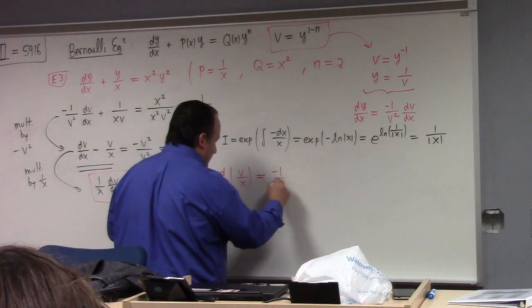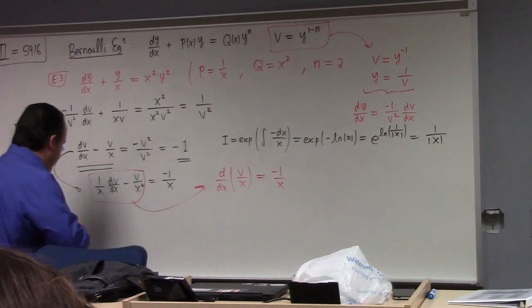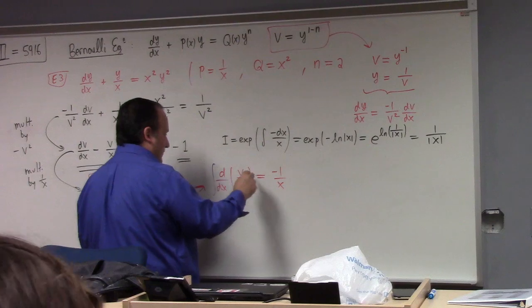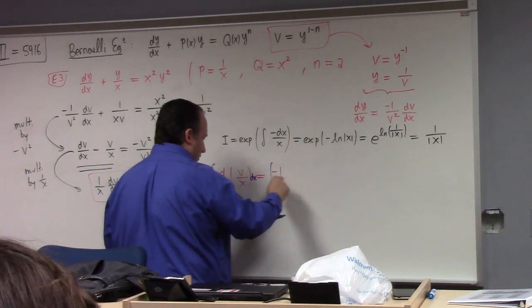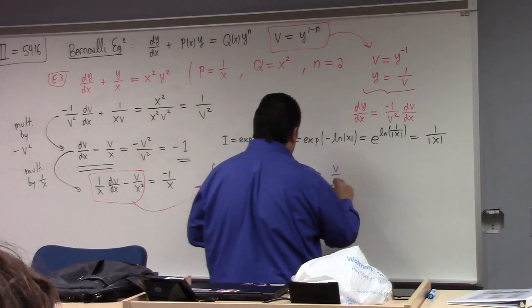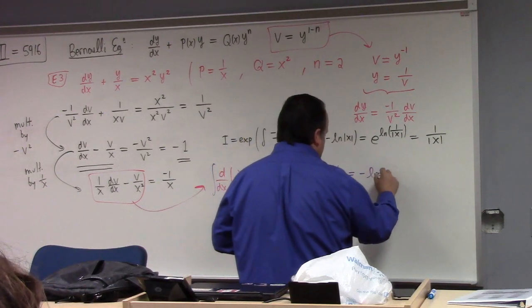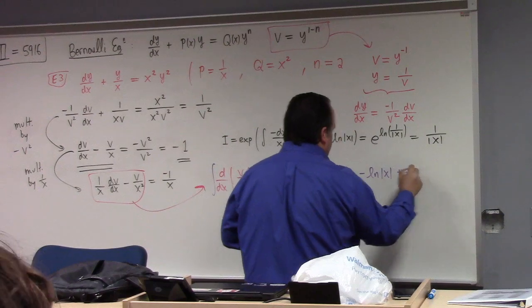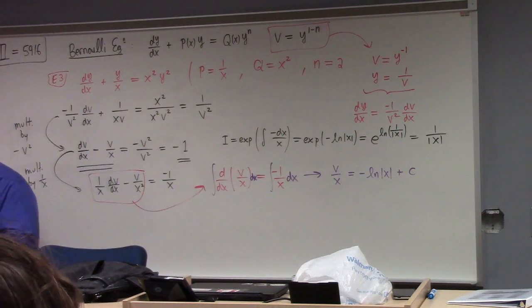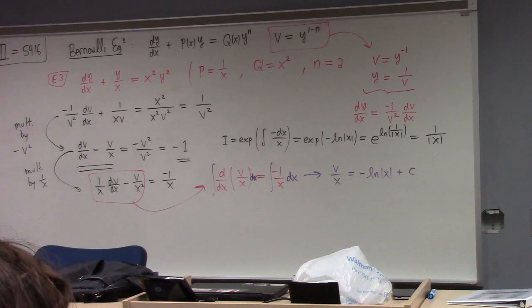And then, a finishing blow here, integrate both sides with respect to x. That would give me v over x is minus the natural log of the absolute value of x plus a constant. You're wondering what I did with the minus. Minus a natural log is the natural log of the reciprocal, because the natural log satisfies the power rule, right?